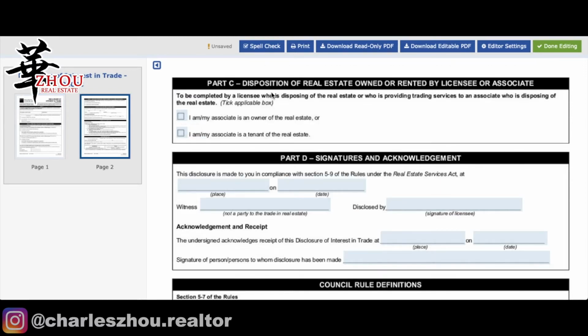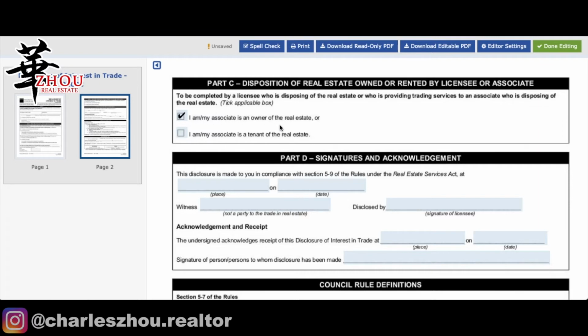And Part C is important. Disposal of real estate owned or rented by licensee or associate. So if you're selling the property for yourself or your associate, then you check the first one. My associate is an owner of the real estate, or my associate is a tenant of the real estate.